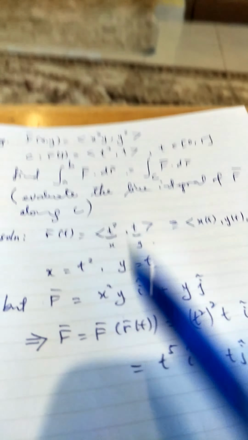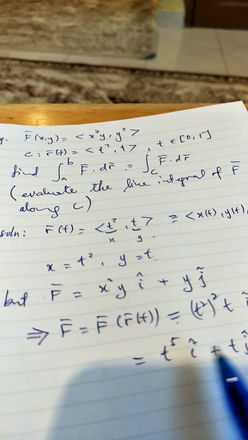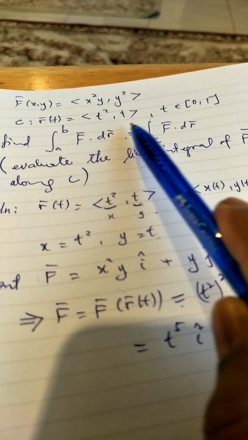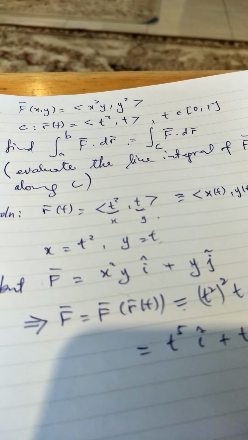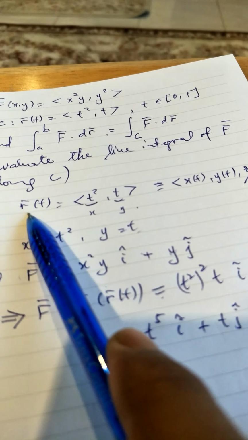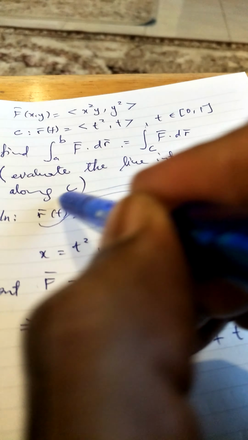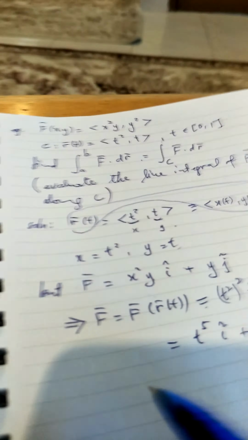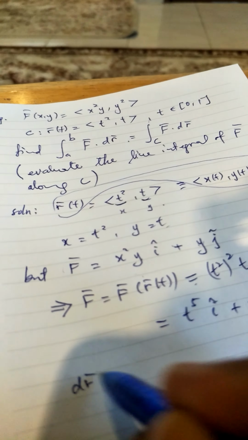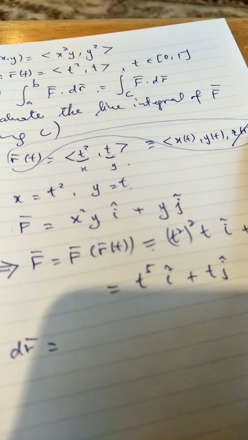Okay, and look at this formula. We need f, we already have f in terms of t. Now dr, what is dr? If r is given as this, r by definition is that, which means dr, we differentiate r, means we differentiate those things.